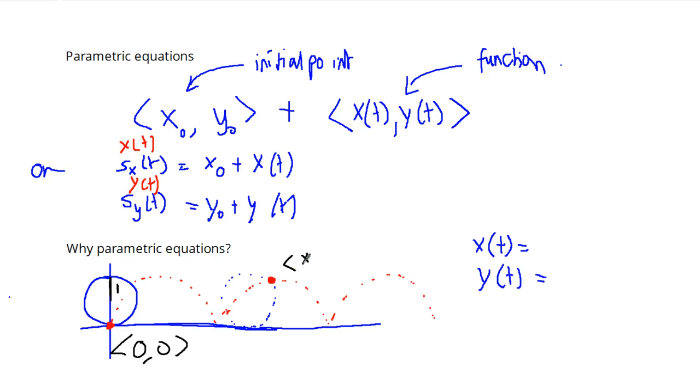So we're trying to find the path of one point on a rotating circle drawing a path. What are our x of t and y of t going to be if we try to find those paths?